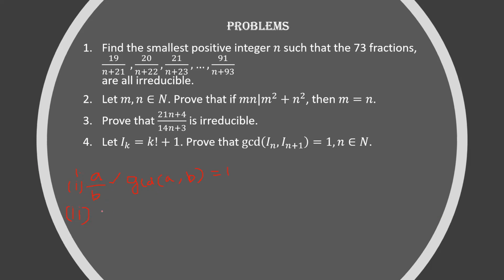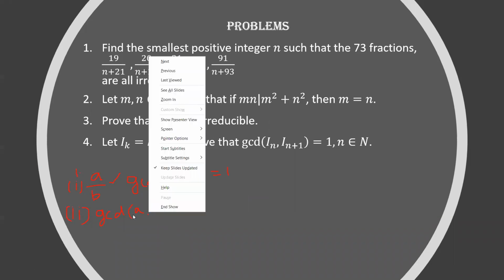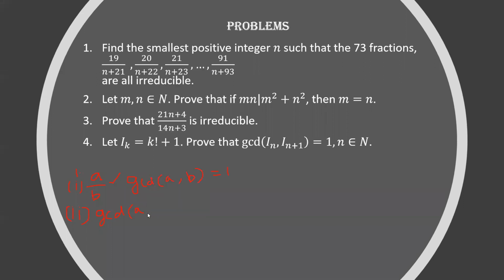See, when A and B are two integers, GCD of A comma B divides A minus B. Is this right or wrong?